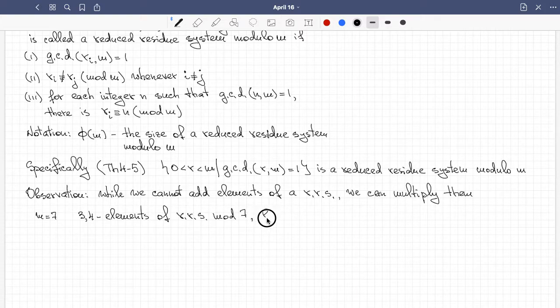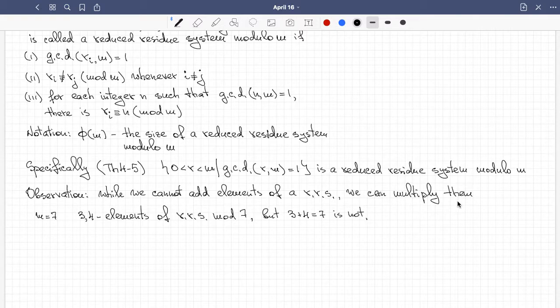But taken naively, 3 plus 4 is 7, which is not. That is because both 3 and 4 are relatively prime to 7, while 7 itself is not relatively prime to 7. However, we can multiply them.